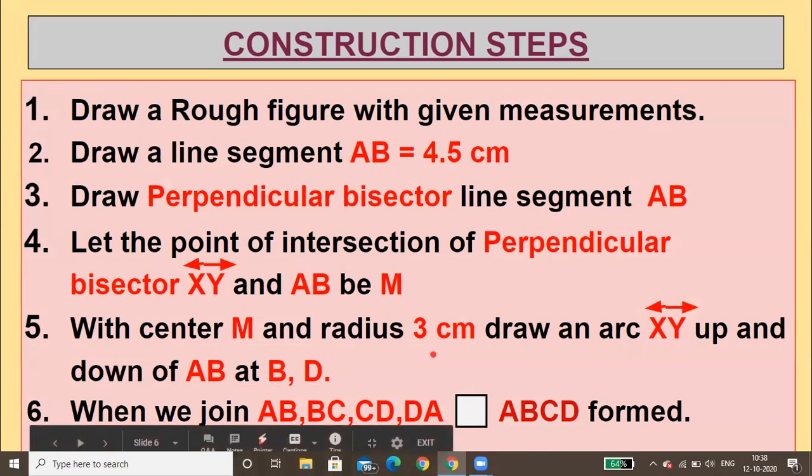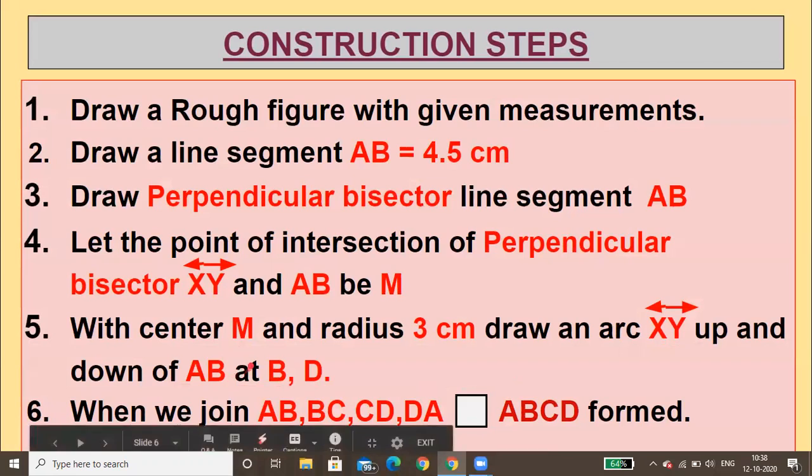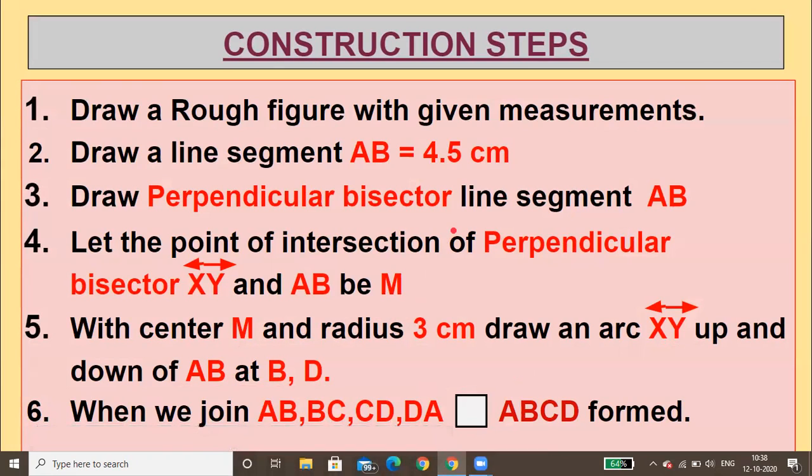So these two arcs you have to draw and locate the points as D and B. Now join AB, BC, CD and DA so as to get a rhombus ABCD.